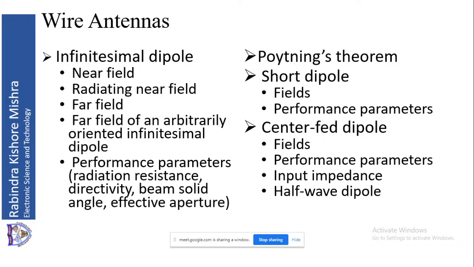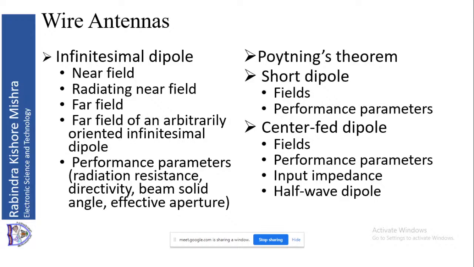Then go to Poynting theorem. Poynting theorem you will be using in finding out the beam solid angle, which will require the power radiated. Those things will be required, so that is why you will use Poynting theorem. We have already used that. And then extend that to short dipole.